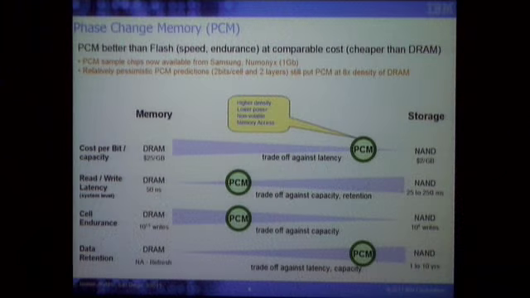Again, some more information on what the difference is between disk kind of storage versus memory, and where PCM fits in this spectrum. IBM has been concentrating more on PCM with respect to the amount of resources that are being devoted. Of course, we've had in Almaden Stuart Parkin and his people working on racetrack memory and things like that.